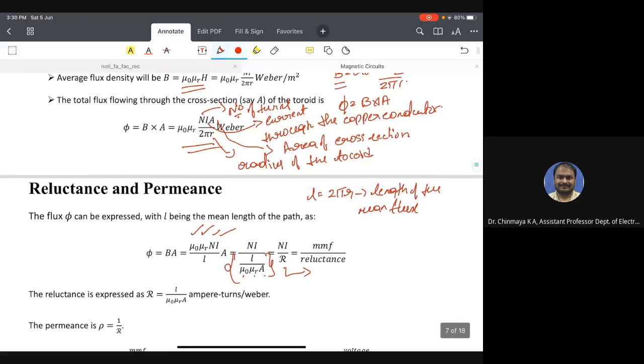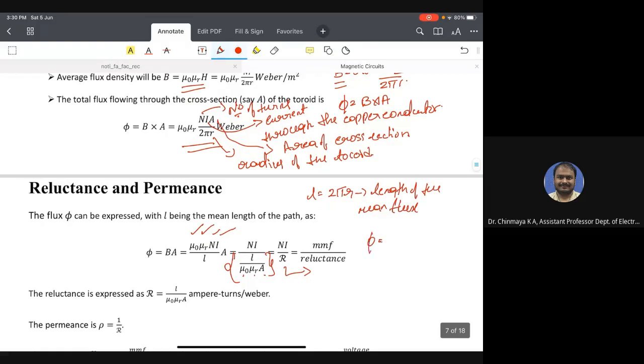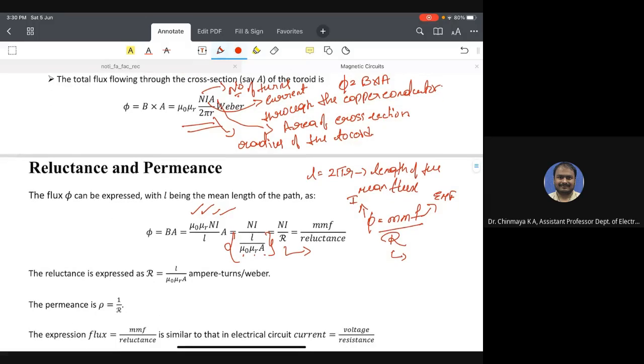So as you can see here, phi is equal to mmf divided by reluctance, where phi is similar to the current, mmf is similar to the emf, and reluctance is similar to the resistance in an electrical circuit. So this reluctance R can be expressed as L divided by mu naught mu r into A, where you know that mu naught is the permeability of free space.